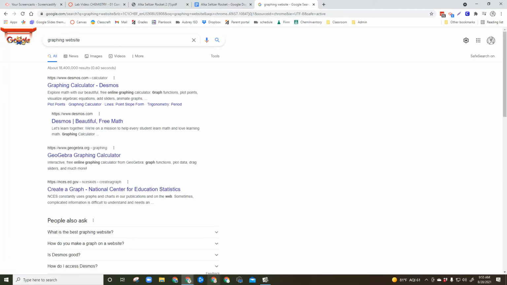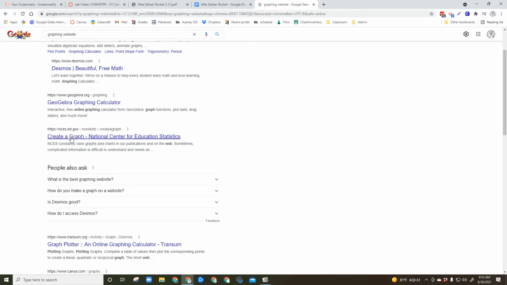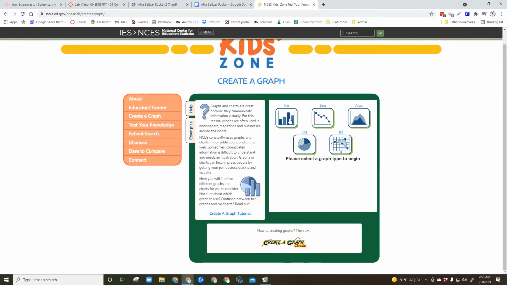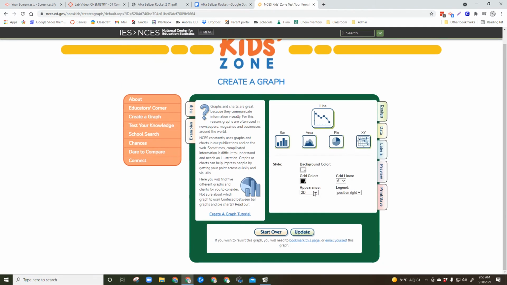Okay, and there's, let's see, graphing calculator demos, create a graph right here. So you can go to places like this and create a graph. And this is not a bar graph. It's not an area pie graph. So maybe a line graph.